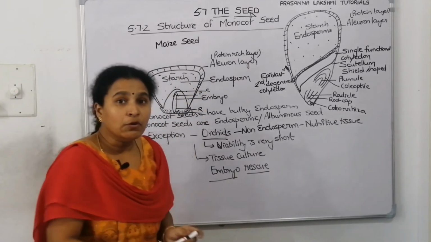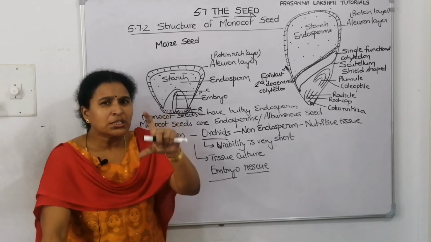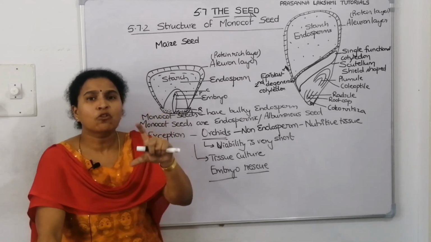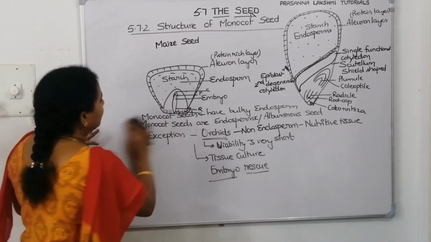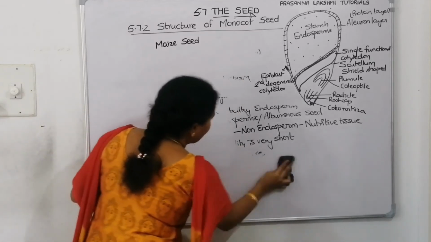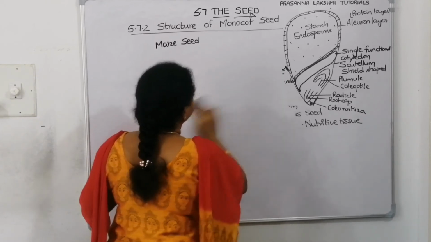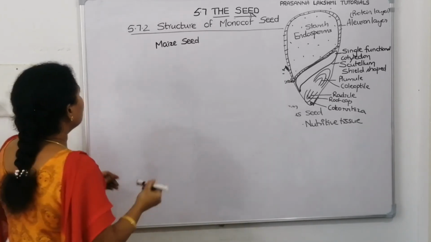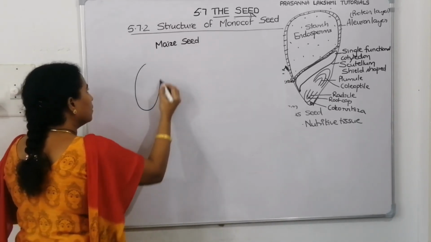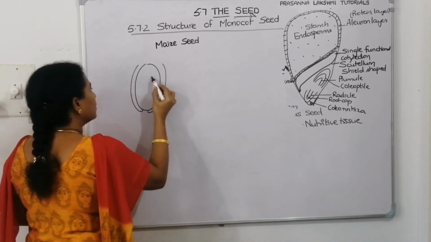Actually, when the ovule is developing into seed, the nucellus, the nutritive tissue which is inside the ovule, will be consumed up. But in some seeds, the nucellus will be retained. So what are they called? When we draw an ovule, these are the integuments.